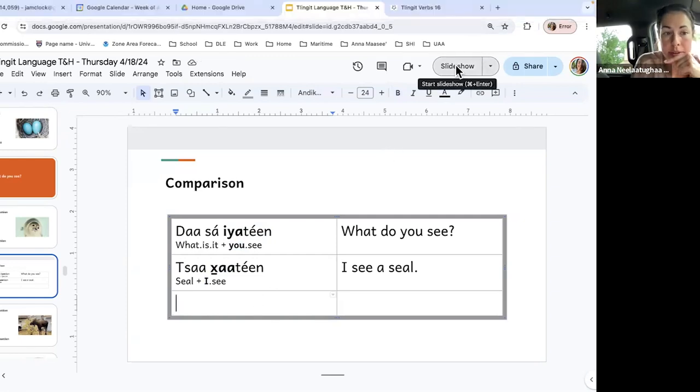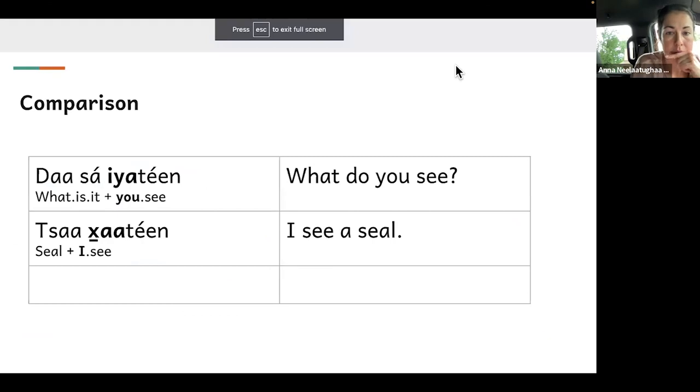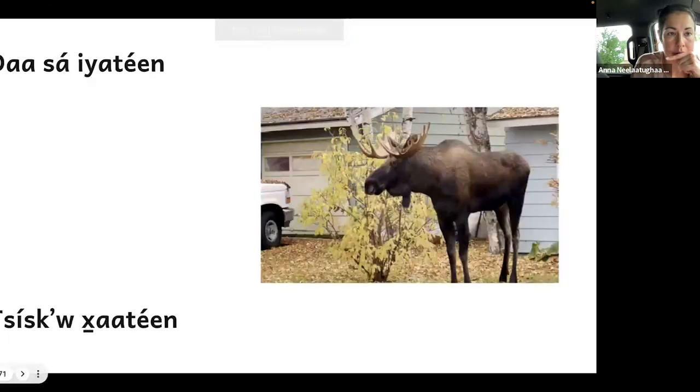Okay, so again, I'll be asking you guys what you see, and then you'll say I see, and then whatever that is in the picture. So I'll ask Dasa Iatin, and you all will answer it's Khatin.